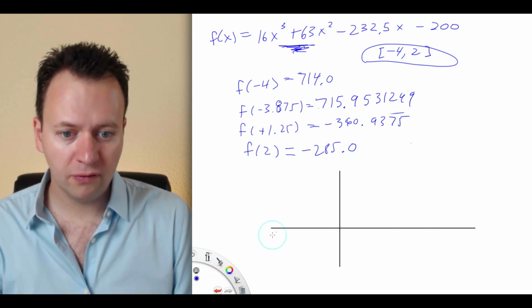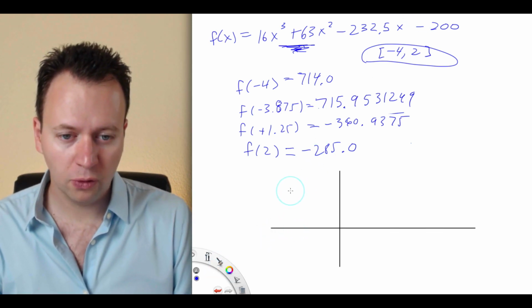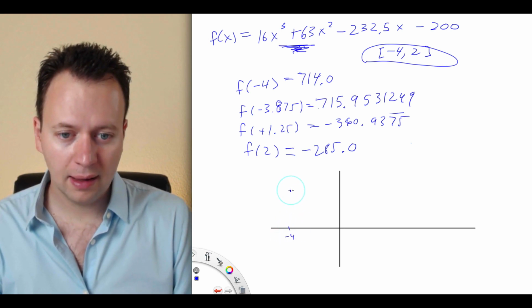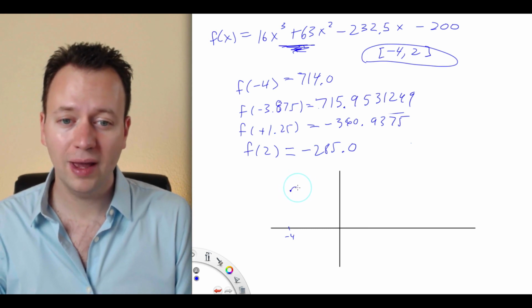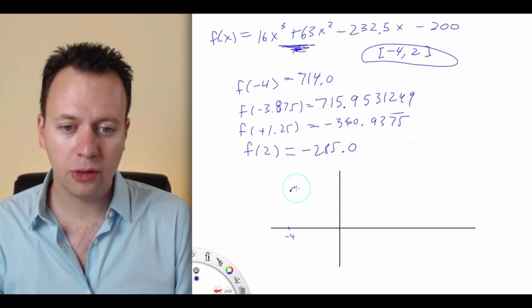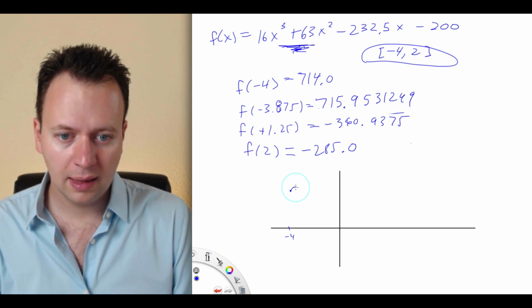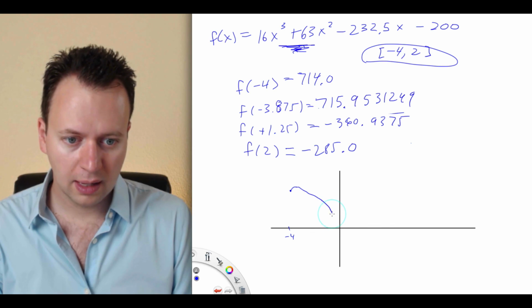So f of negative 4 was up here at 714, so that's at negative 4. And then a little while later it has a maximum just at negative 3.875. So 1/8 of a unit later we have a maximum at 715, and then it decreases and it has a minimum down here at 1.25, and then it comes up a little bit for f of 2.